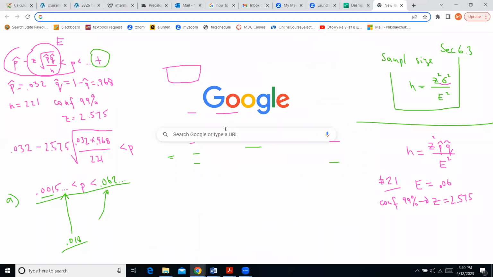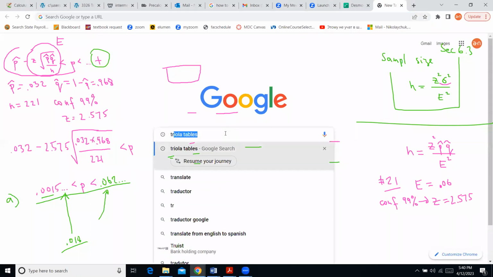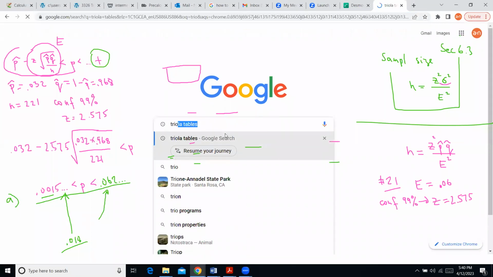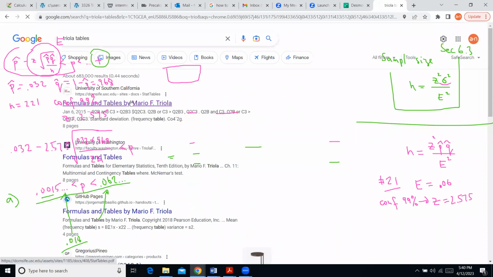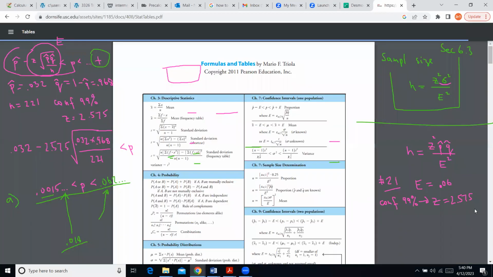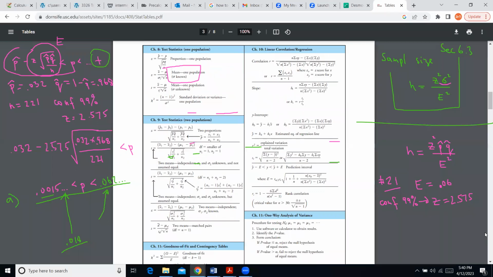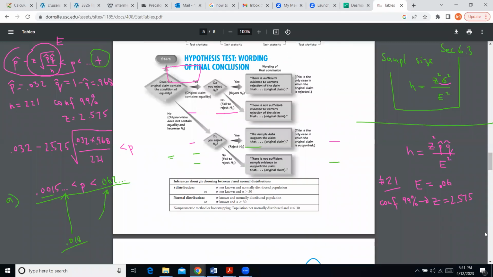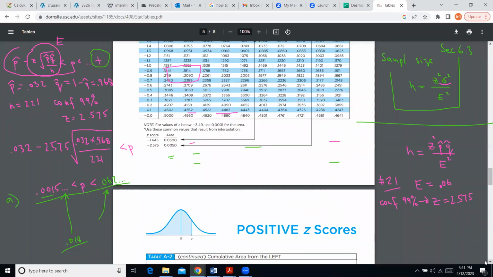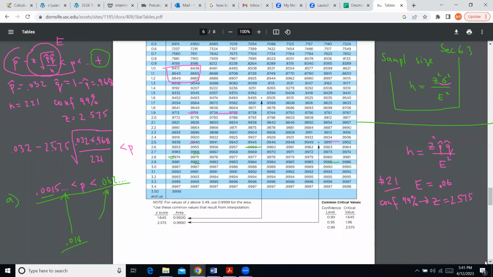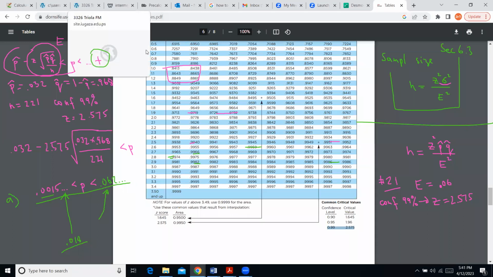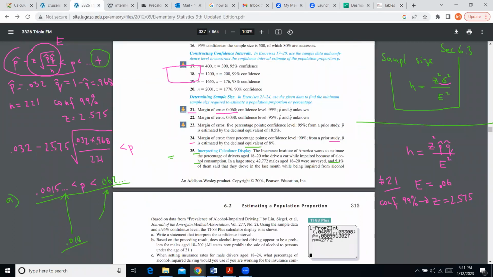Where are my tables for the Triola textbook? So the first choice in the search will be my tables. And at the end of this, tables with positive z-scores, right? There was a little diagram, and that's where 2.575 that corresponds to 99% is.